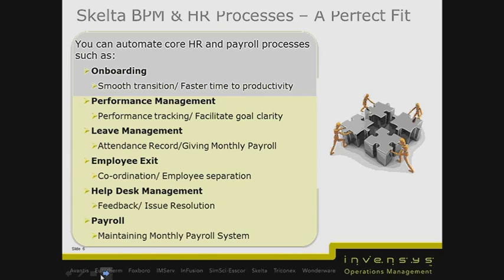These are processes that are oftentimes paper-driven. A web-based tool can be used by human resource to go ahead and track employees applying for leave. You can track approvals. You can go ahead and see how many employees are going on leave for a certain period of time. All these processes can be automated by BPM.